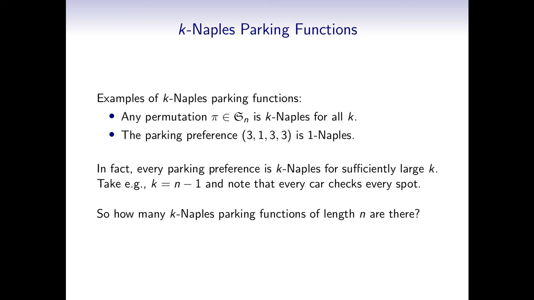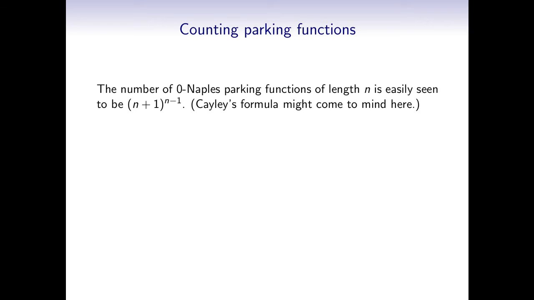Now, how many k-Naples parking functions of length n are there? So we can start with the easiest case, the classical case where k equals 0. It's a well-known result that the number of 0 Naples parking functions of length n is (n+1)^(n-1), which looks like Cayley's formula with n+1 plugged in.